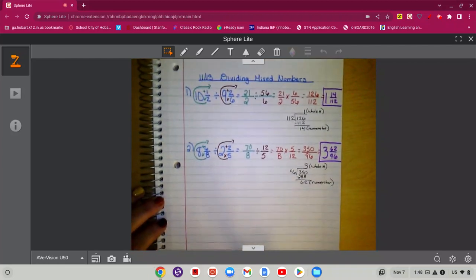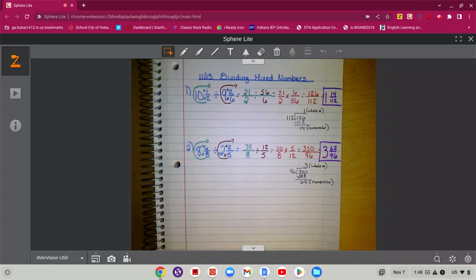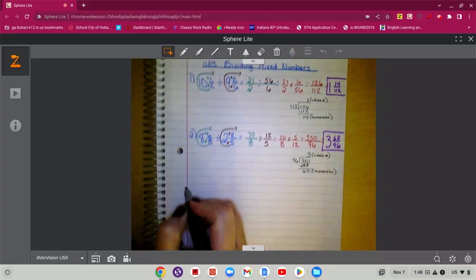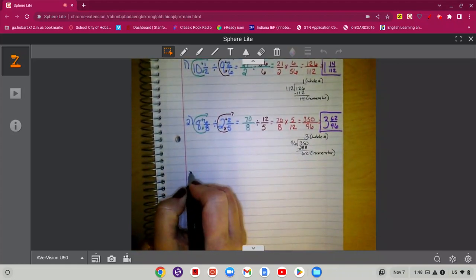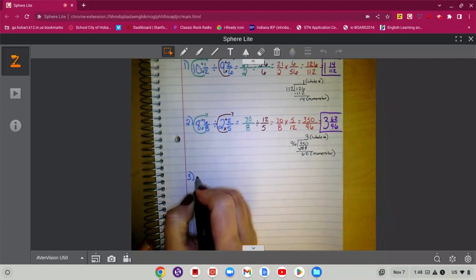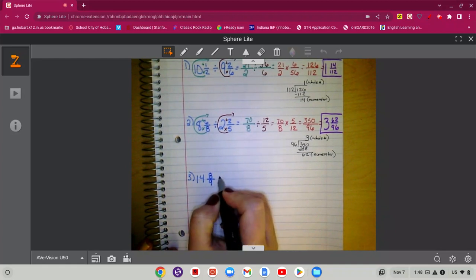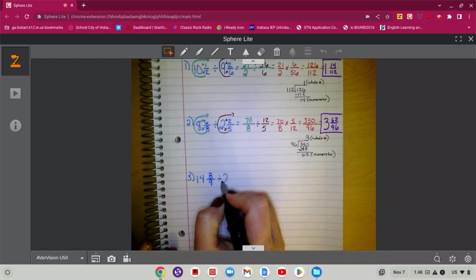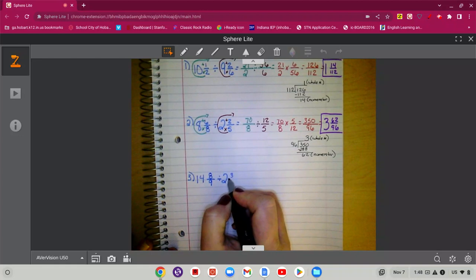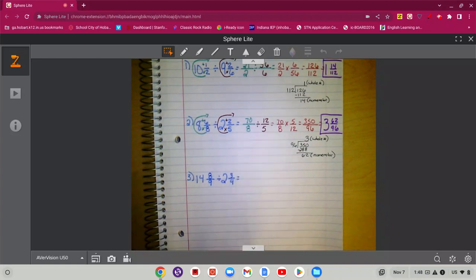All right, final example for today. 14 and 8/9 divided by 2 and 3/4.